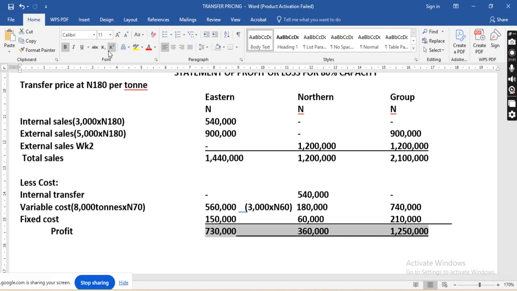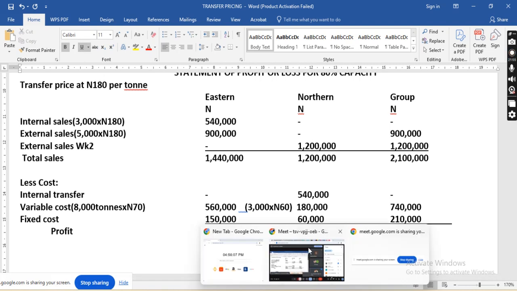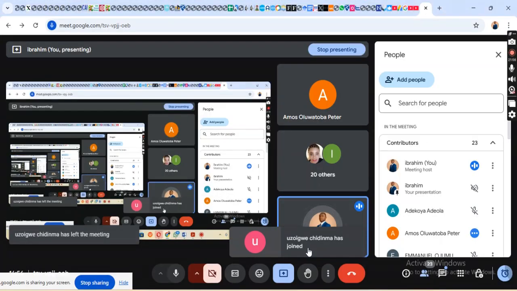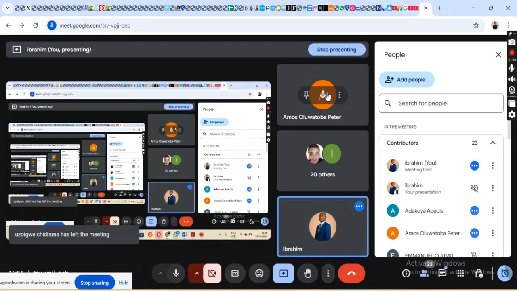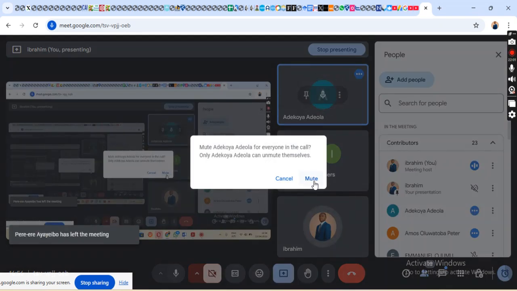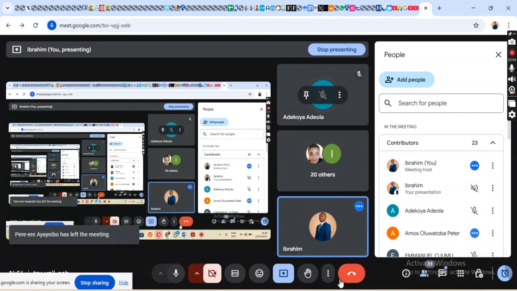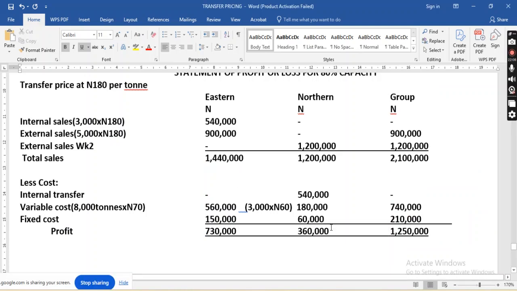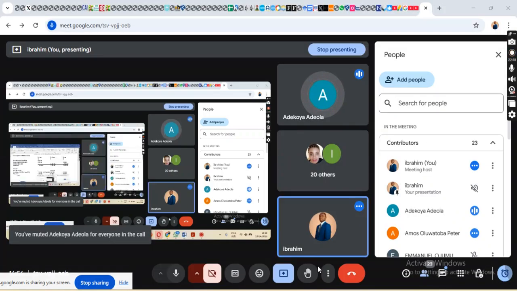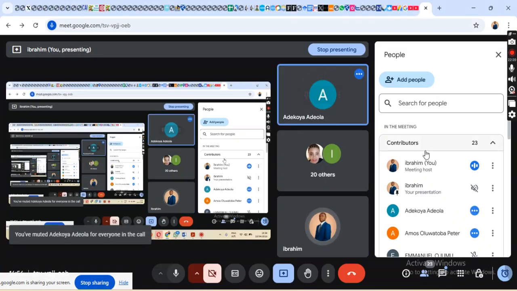Someone should give me the figure. 420,000. What is the last figure? 1,150,000. Okay.